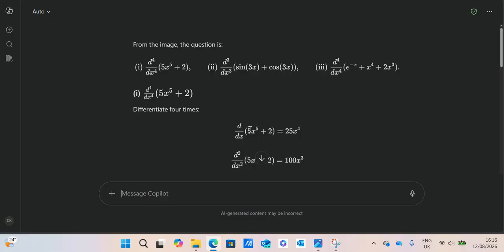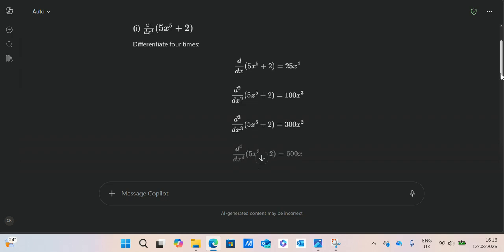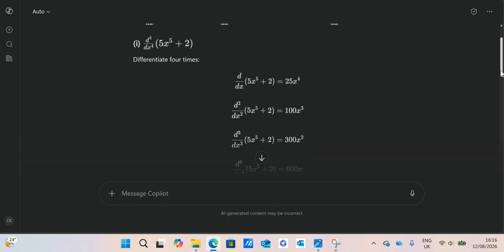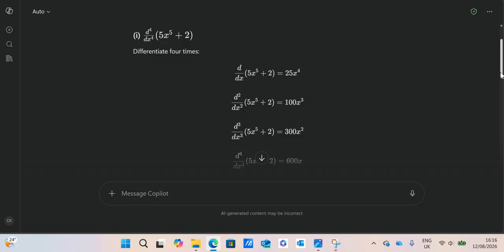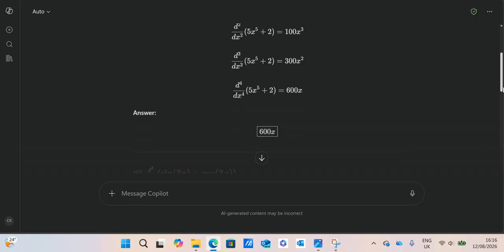So differentiate 4 times. Okay, so that's what it means. If it's just that, I think I can do this. Let me just check. 5x to the power of 5 plus 2. 25x to the 4. 5x to the 5 plus 2. 103. What? 600x.